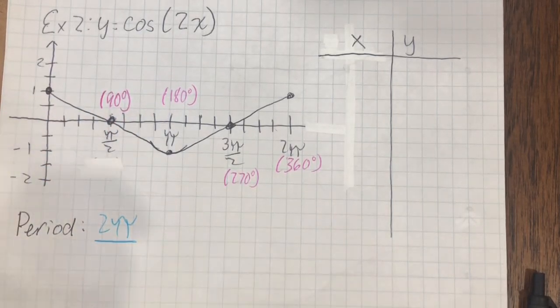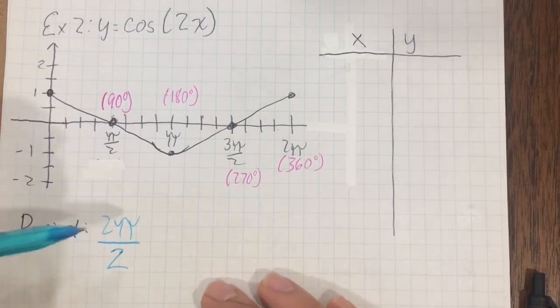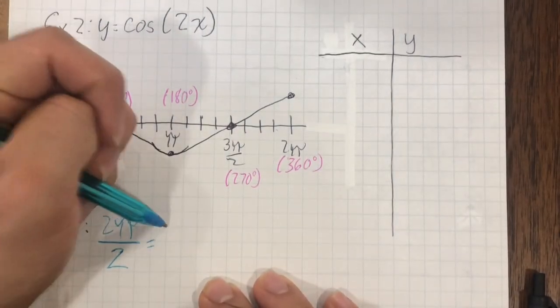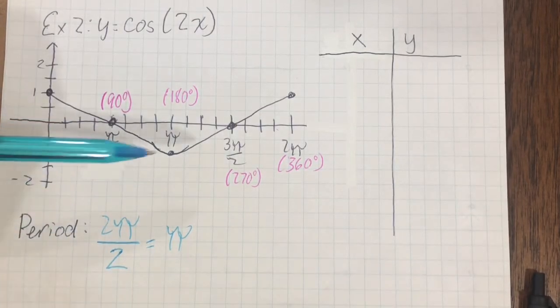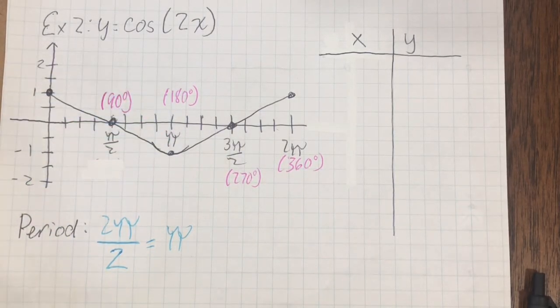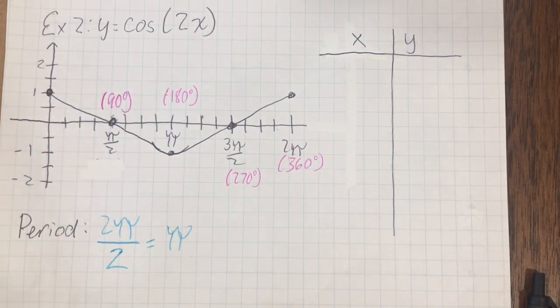So my b, in this case, is 2, all right? And if I divide those two numbers, 2 pi divided by 2, that becomes pi. So my new period is pi, and pi represents 180 degrees. So that means that at 180 degrees, the pattern is going to start to repeat on the graph. All right? So we see that the new period, the new radian, is pi.